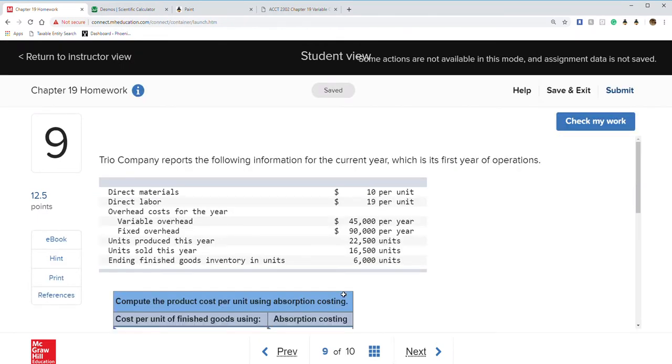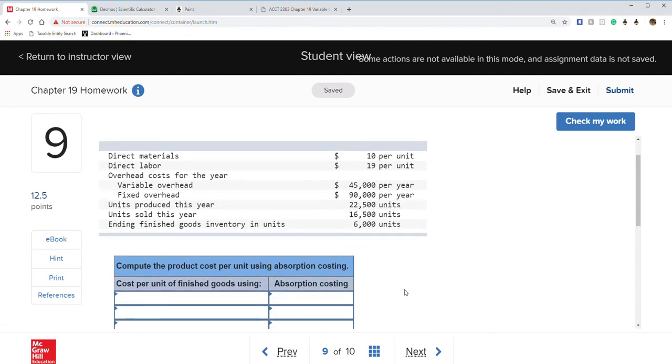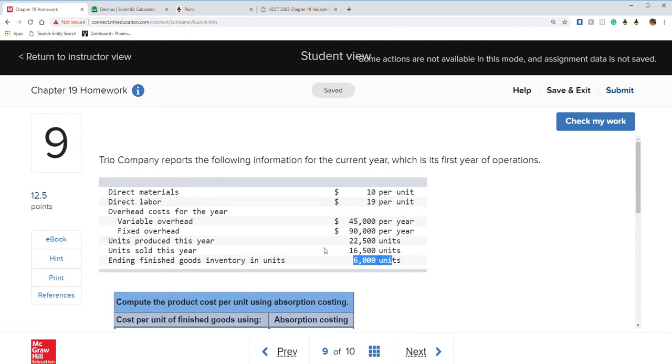Alright. So question number 9. Trio company reports the following information. And we got, again, stuff that we usually have. We know the units produced, we know the units sold, and then we know what's in finished goods. So again, these two should equal up to the units produced.